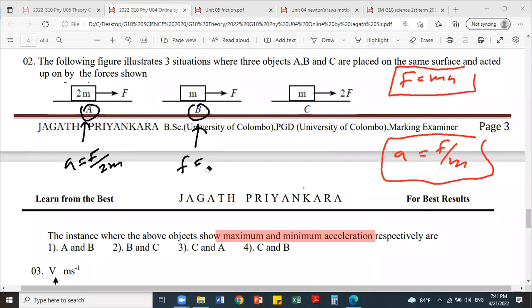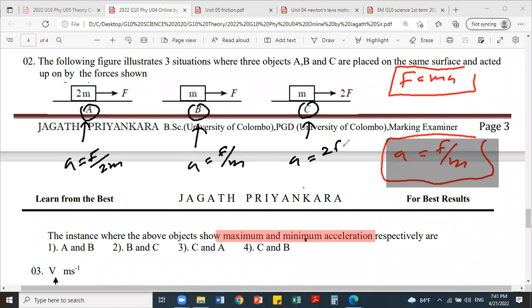F over M. So this is the equation, we substitute this. And for C, what is the acceleration? 2F over M.